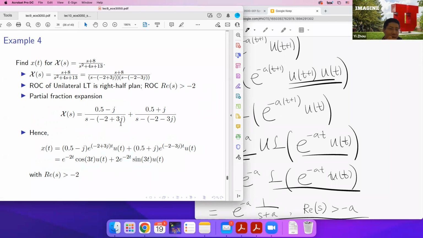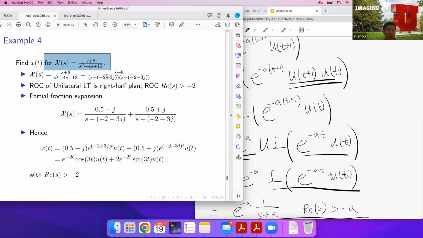And example 4 is a very interesting application that shows the power of the unilateral Laplace transform. The question here is: given a unilateral Laplace transform in rational form, and remember, here we're talking about the unilateral transform, not the normal Laplace transform, find the inverse x(t).